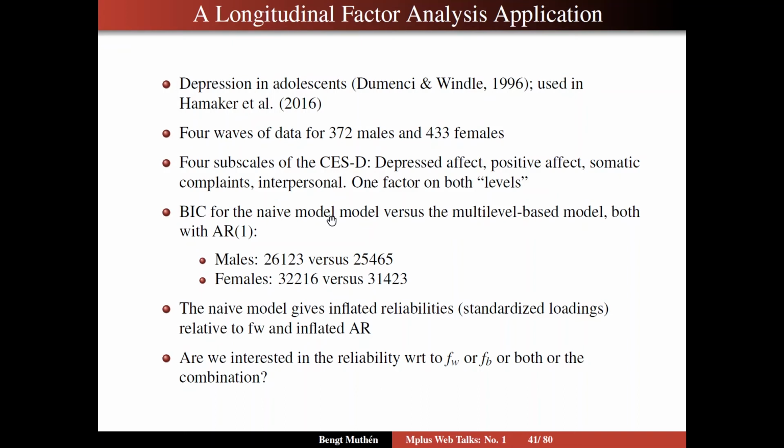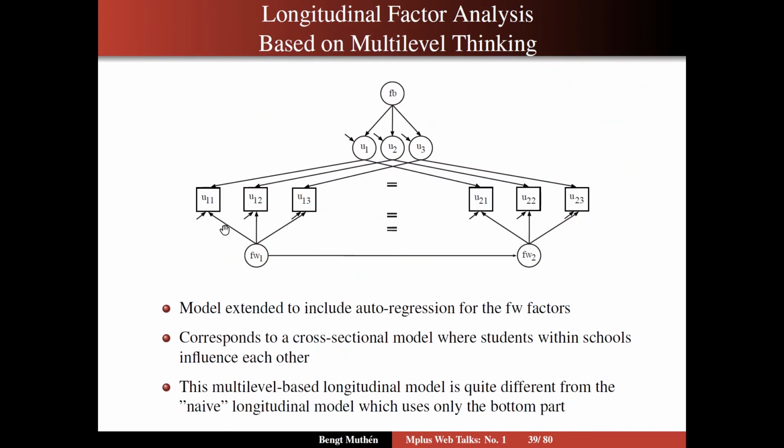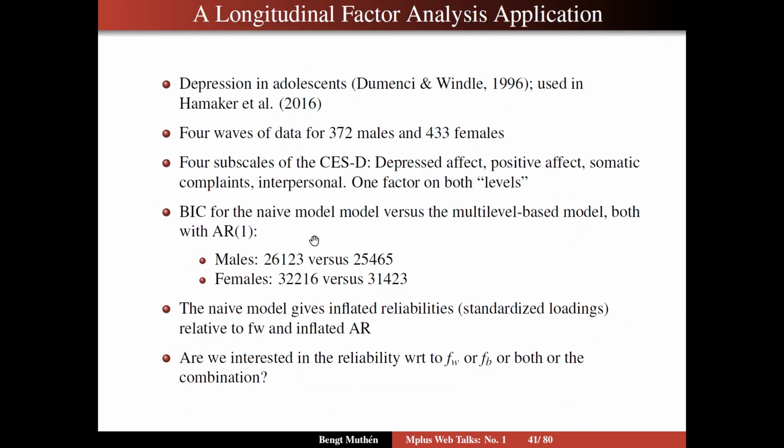So for the naive model versus the multi-level-based model, both with AR1, autoregressive lag 1, and again, the naive model, going back to slide 39, is the model that only has the bottom part in it. So for the male sample, the BIC improves drastically from 26,000 down to 25,000. For females, from 32,000 to 31,000. That's quite a big improvement in the model fit.